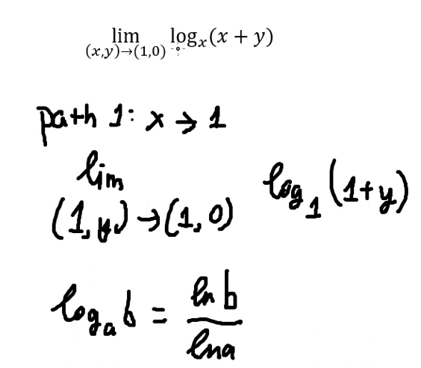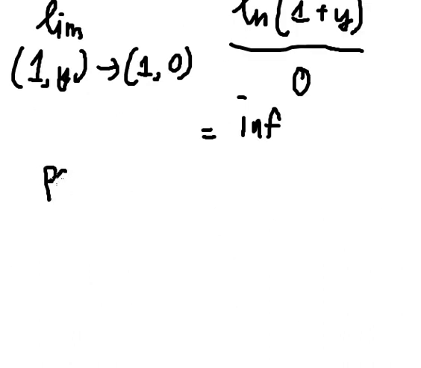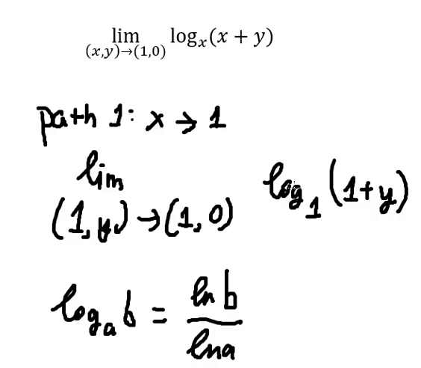The next one, the part number 2, that is about y equals number 0. So we can put number 0 here, number 0 here.